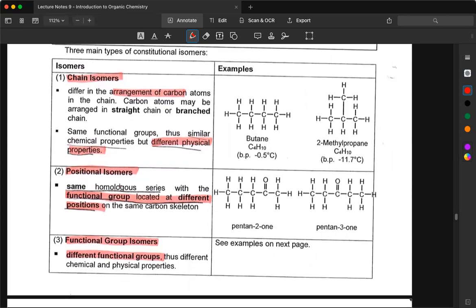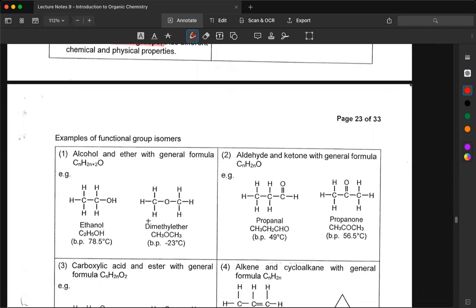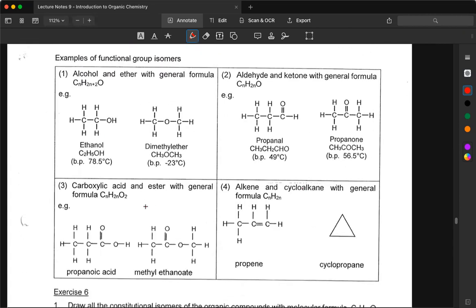As for positional isomers, they will be in the same homologous series, but the functional group is located at different positions like this. As for functional group isomers, the functional groups are different, so different physical and chemical properties, like ether and alcohol, aldehyde and ketone, carboxylic acid and ester, alkene and cycloalkane.